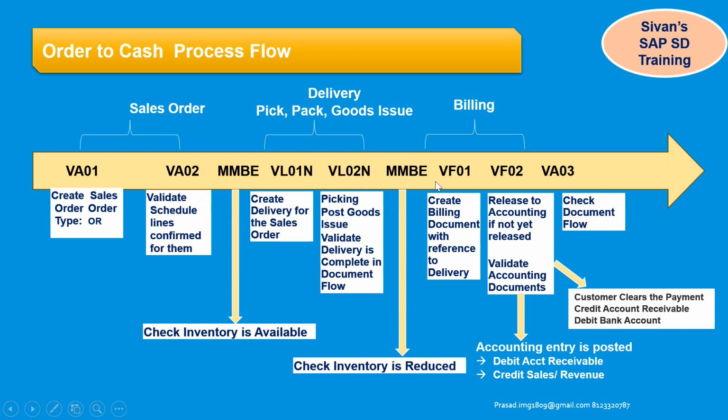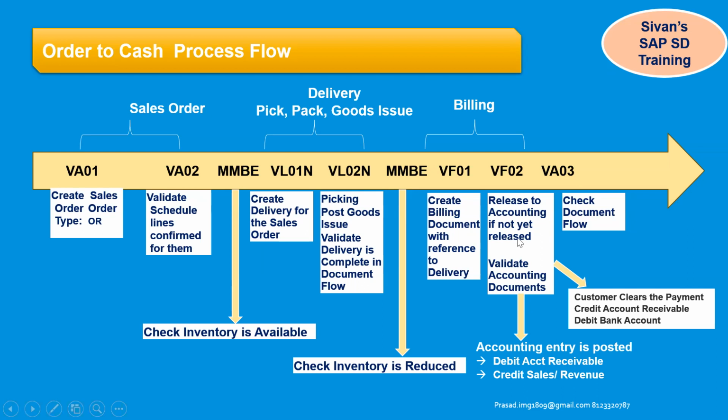Then the system will allow us to create the billing document for the outbound delivery. Otherwise, it won't allow. Once the PGI is completed, then only it is due for billing, and then we can create the outbound invoice. Then in VF02, if it is blocked for processing or blocked for accounting, we need to go to VF02 to release it to accounting, or we can do it through the VFX3 transaction code also.